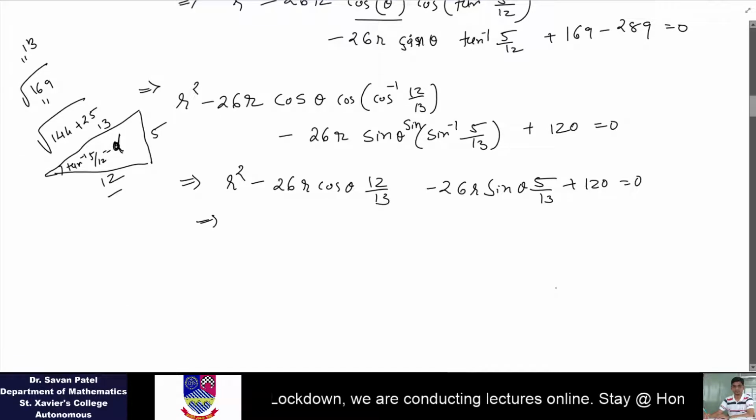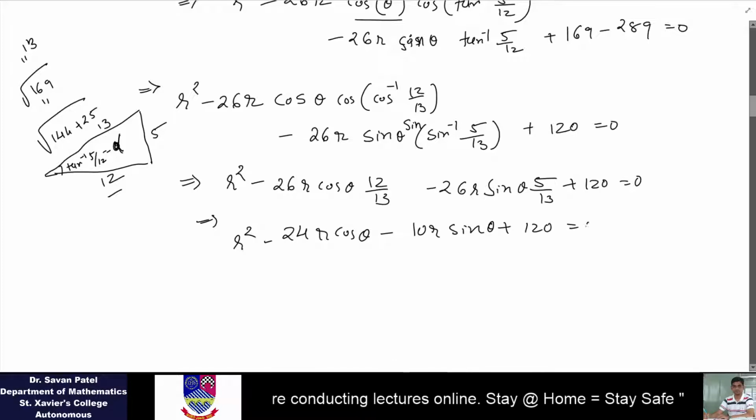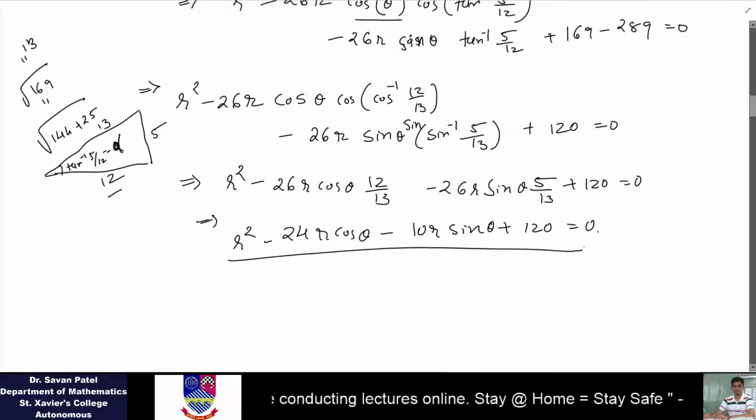So it can be seen as r square minus 24r cos theta minus 10r sin theta plus 120 is equals to 0.